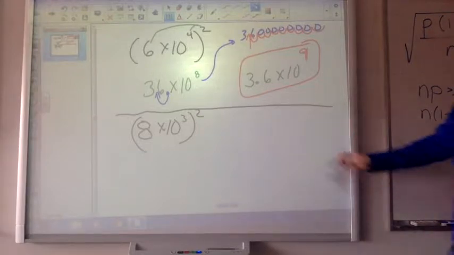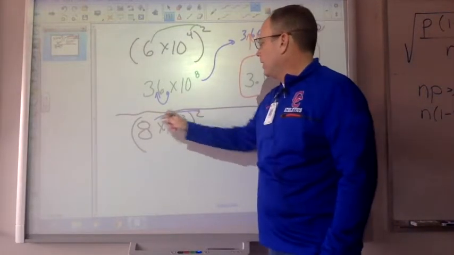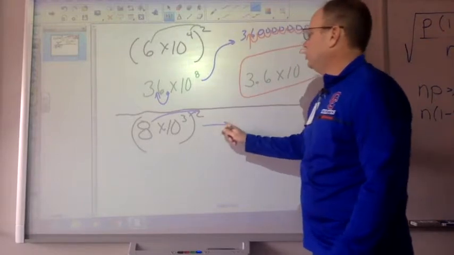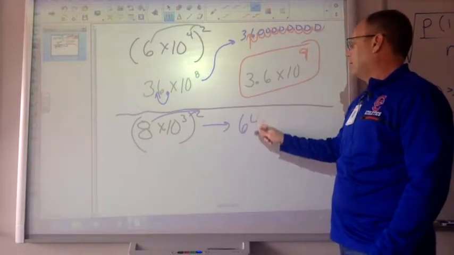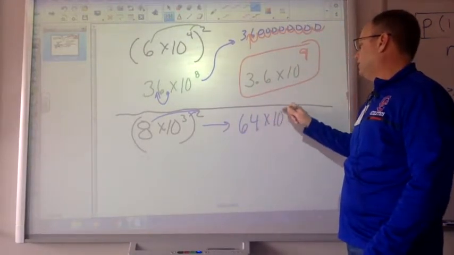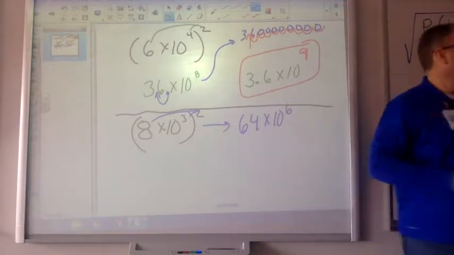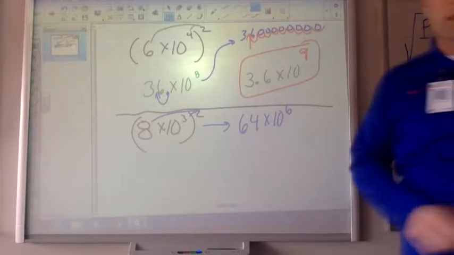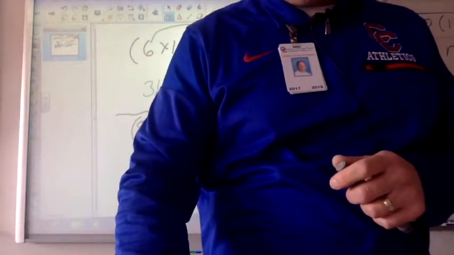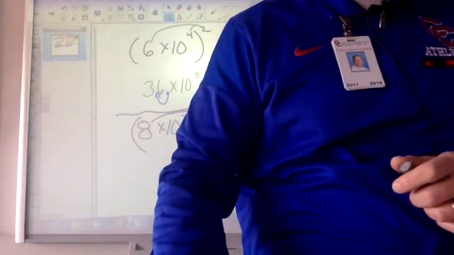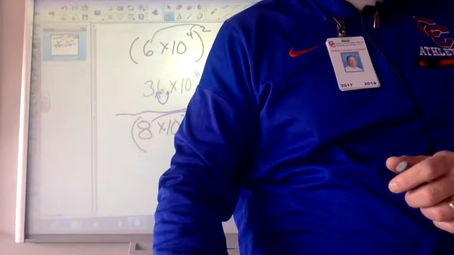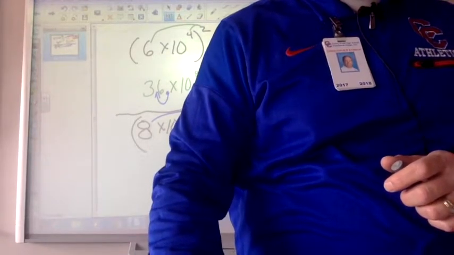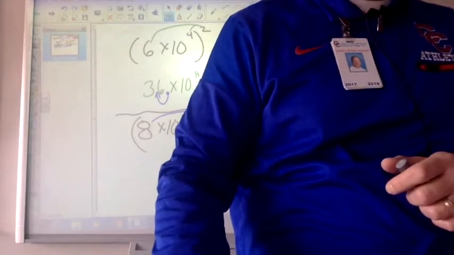Okay. So we're going to distribute this to here and here. So that leads me to 64 times 10 to the 6th power. Right? Does everyone agree with that so far? Is the problem done at that point? No. Let's take it one step further, okay?